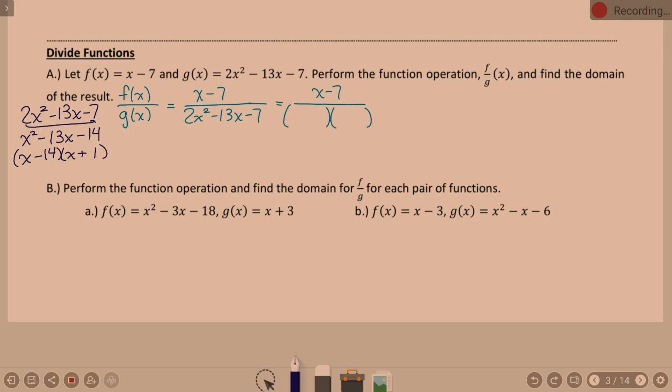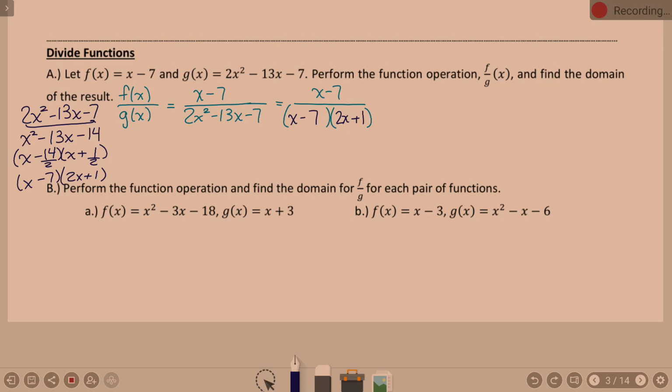Oh, yes. Divide them both by 2. Now, the first one becomes x minus 7. The other one, I can't do it, so it becomes 2x plus 1. So I end up with parentheses of x minus 7 and 2x plus 1.